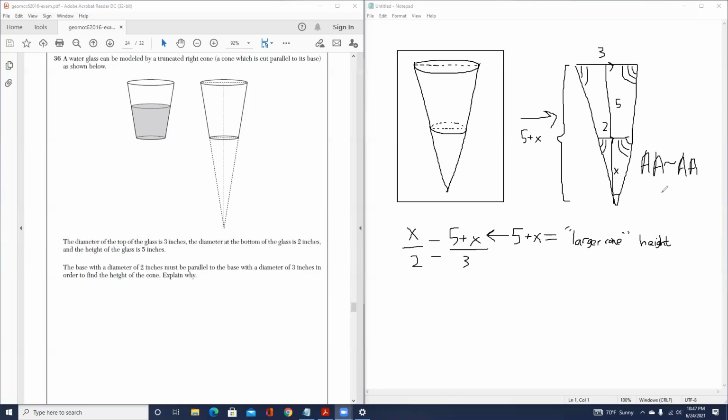So if you multiply by 6 on both sides, you get that 3x equals 2 times 5 plus x in parentheses. 3x equals 10 plus 2x.